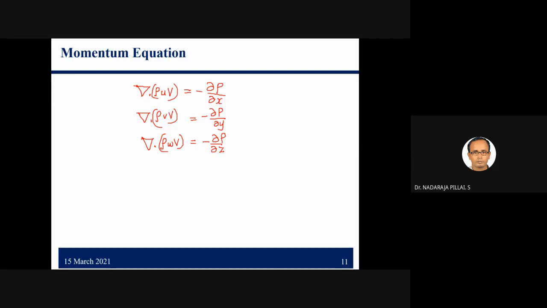Right? So please note that this is the equation for steady flow, inviscid flow, and flow which has no body force.